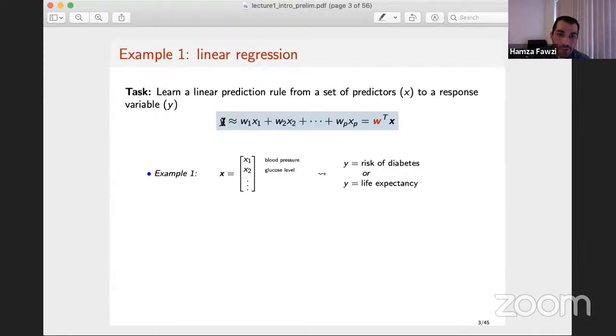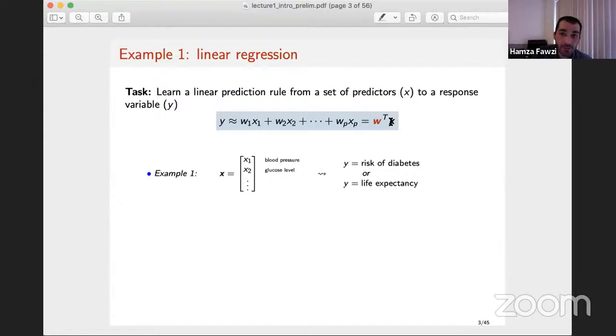So we want Y approximately equal to W1x1 plus W2x2 plus up to WPxP. I write this in shorthand as W transpose X, where W is the vector of weights, W1 up to WP, and X is the vector of predictors, X1 up to XP.